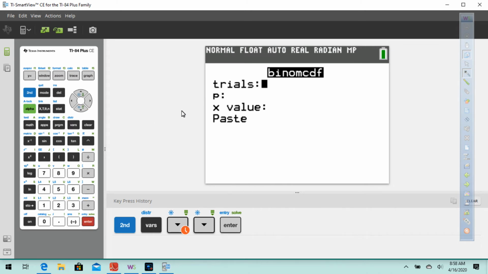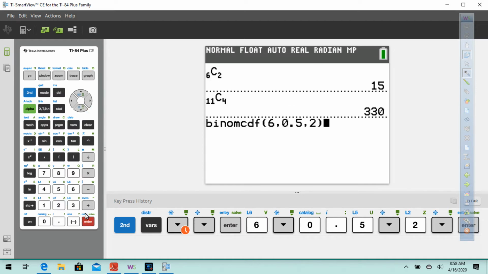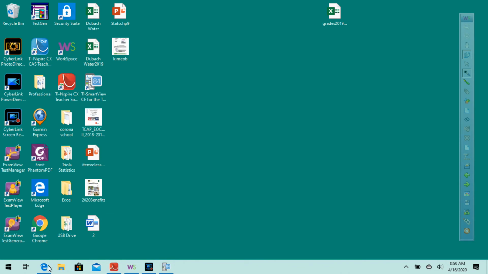Press enter. Number of trials, 6. Probability of success, 0.5. That is right, because it starts from the left and works to the right. So 0, 1, and 2 gives 0.34375. All right.